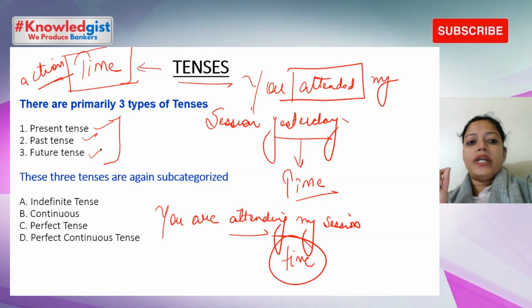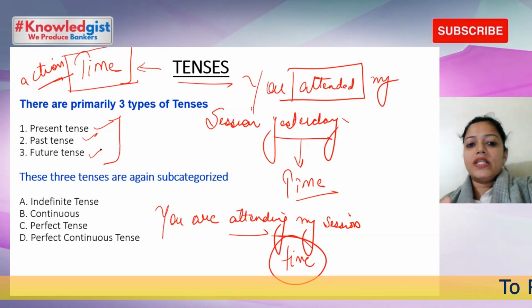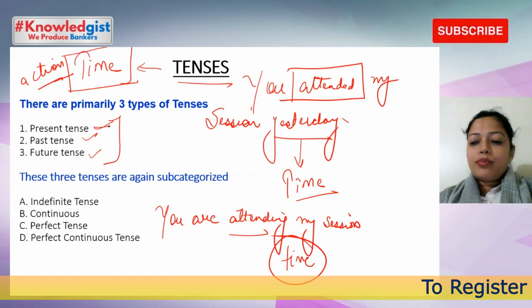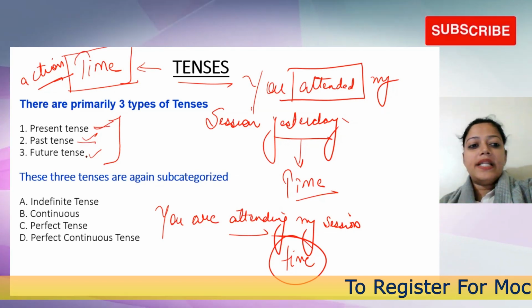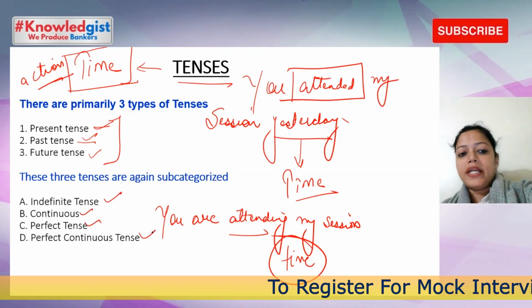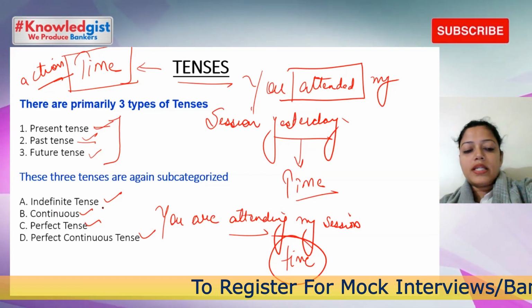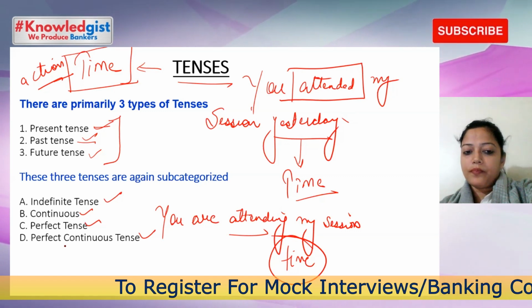These are the three types of tenses, but we have to divide these tenses again into subcategories. If I talk about present tense or past tense or future tense, we divide these categories into these four subcategories: indefinite tense, continuous tense, perfect tense, and perfect continuous tense. Right?